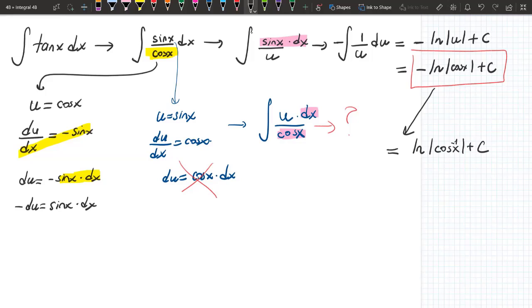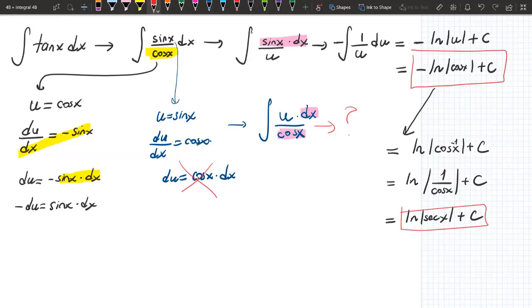That negative 1 means absolute value of 1 over cosine x plus c, and the final result will be ln secant x plus c. So the integral of a tangent function will be this.